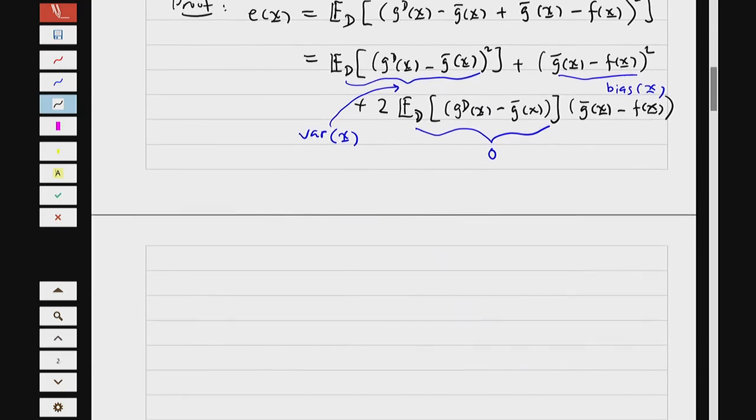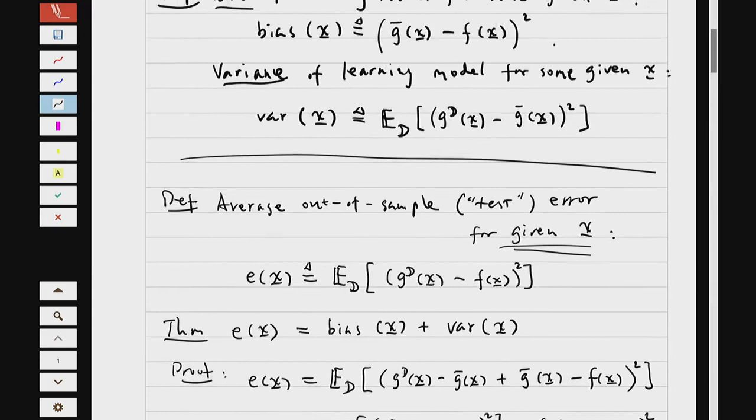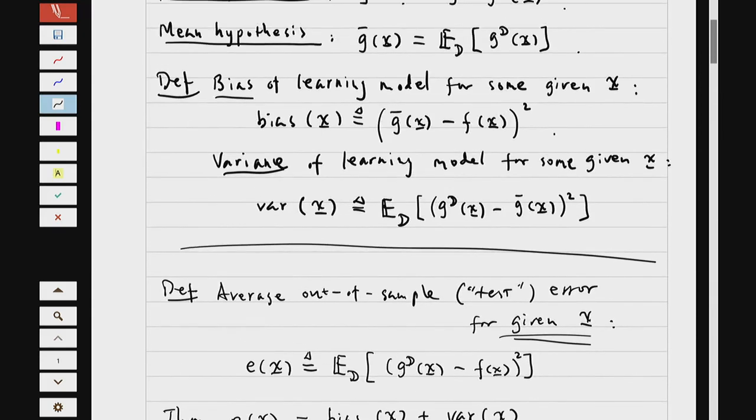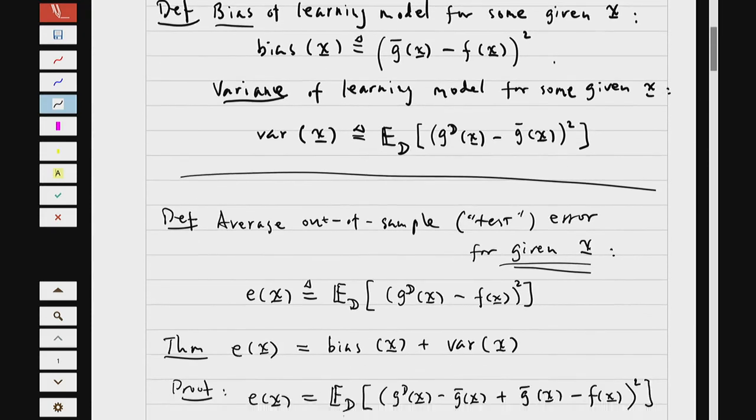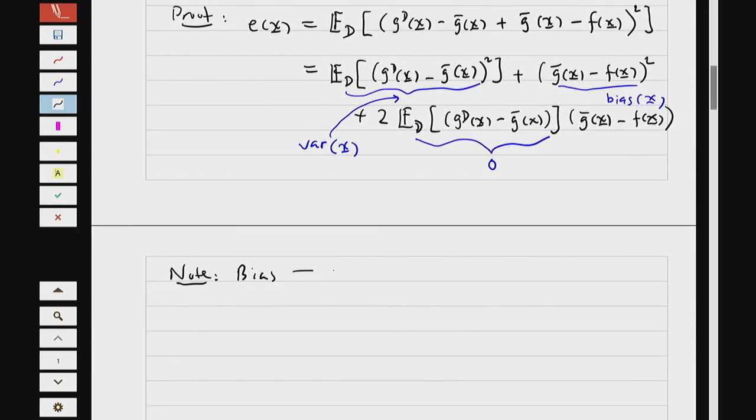To see this, let's first try to understand what the bias is. The bias is, on average, how good your learning model is. On average, how good is the best hypothesis that you can choose?